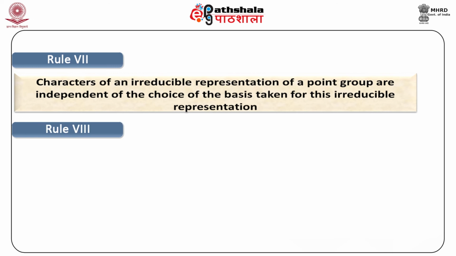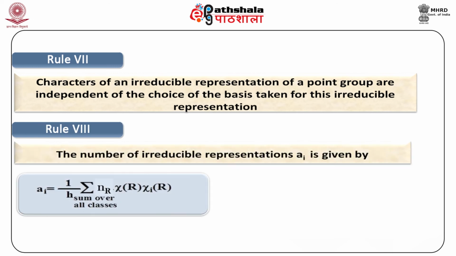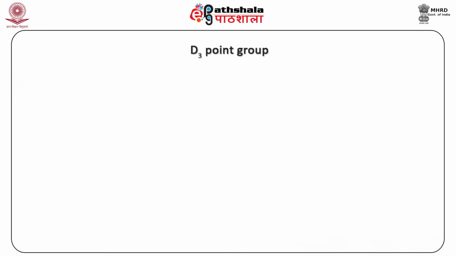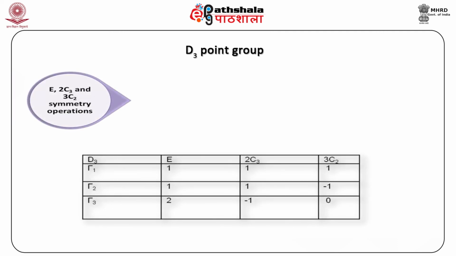The eighth rule says that the number of irreducible representations is given by equation 9. You are already aware of the symmetry operations present in the D3 point group, that are E, 2C3 and 3C2. In total, there are 6 operations.